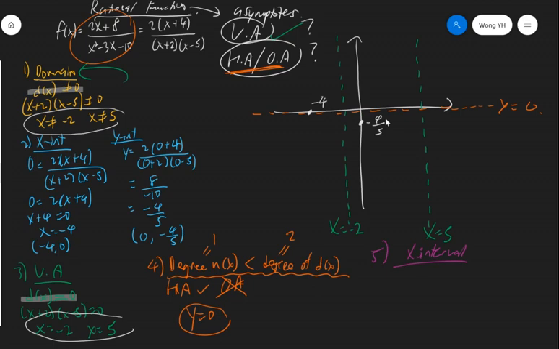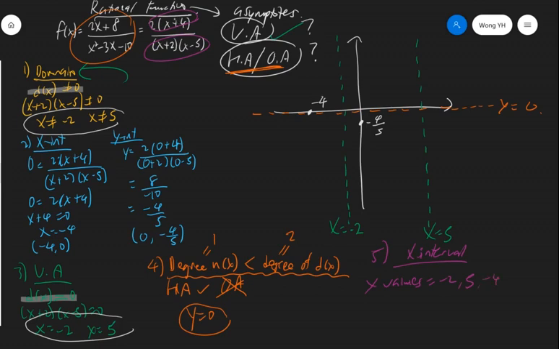To find the x values is quite straightforward. What you need to do is set the denominator to 0, and set the numerator to 0. Once I set the denominator to 0, you will get minus 2 over here. So we get 5. On top, we will get x equal to minus 4.